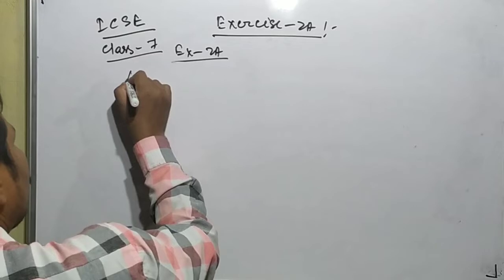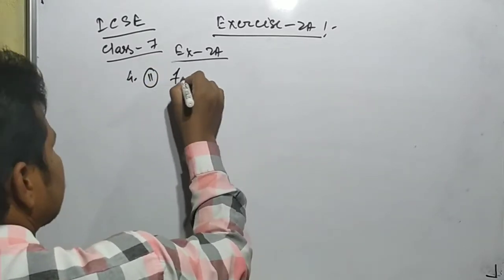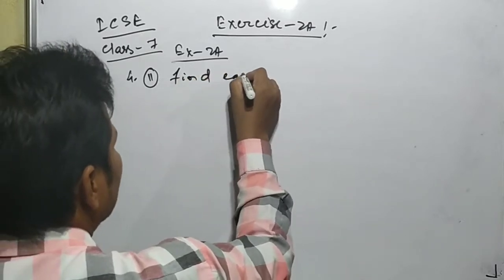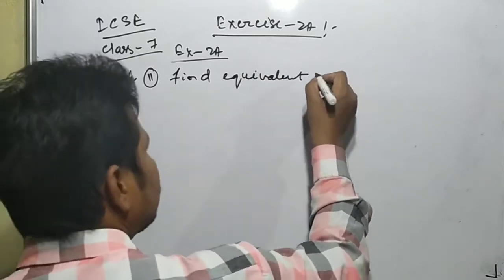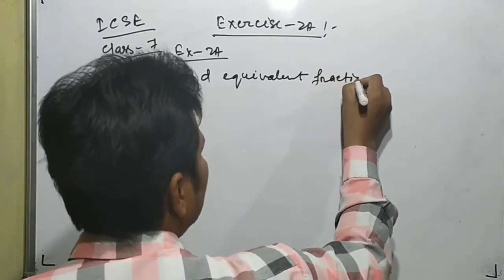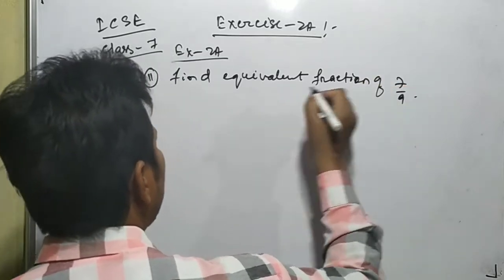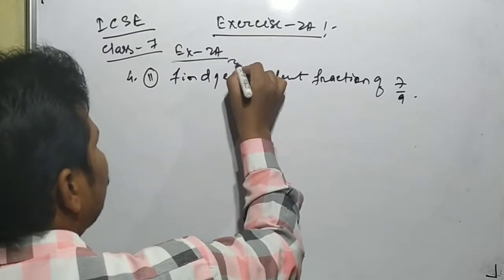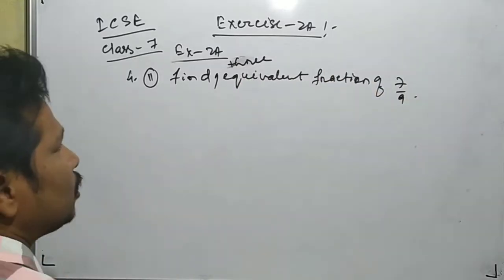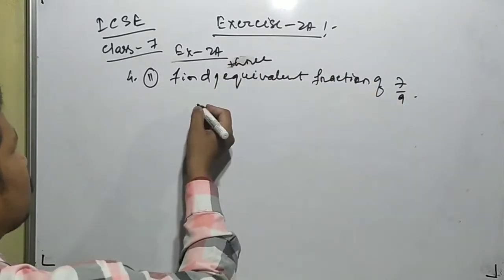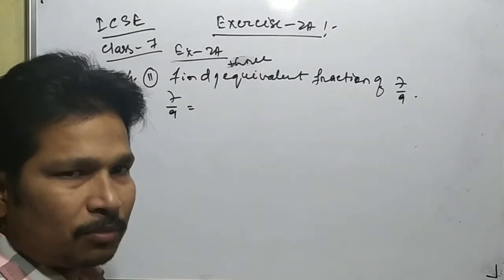Suppose we do part 2: find 3 equivalent fractions of 7 by 9. So first, find the equivalent fractions of the given fraction 7 by 9.